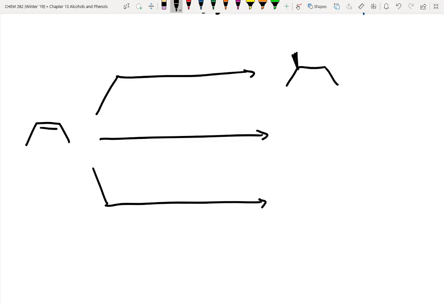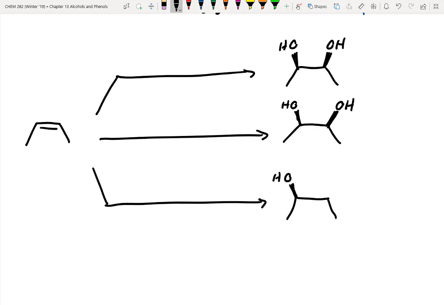We had two where we could make syn diols, and then another one where we could make an anti-diol. And for that lower example, we would also run into an enantiomer.